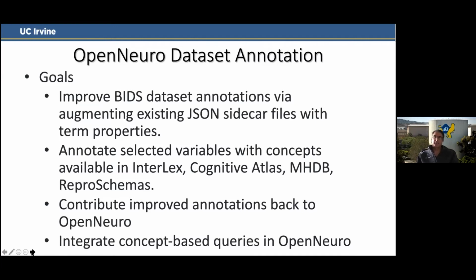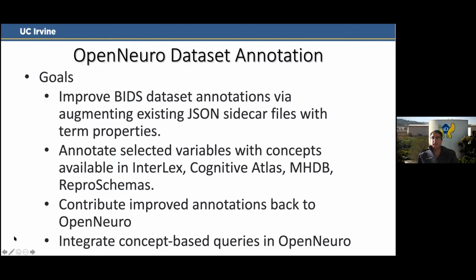So we have these ideas, and we brought them to bear on a problem of searching across all the data sets in this database resource called OpenNeuro. These are all publicly available data sets. There's probably 356 or so different data sets in OpenNeuro.